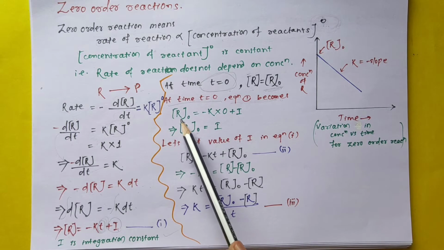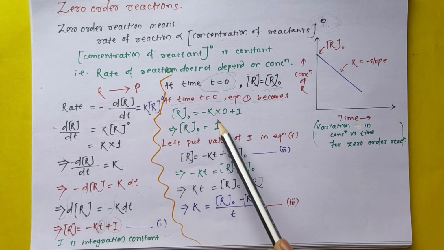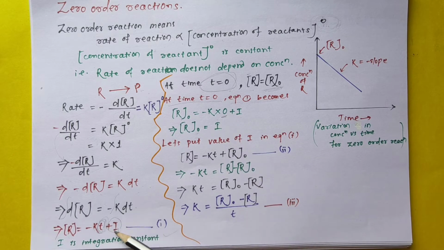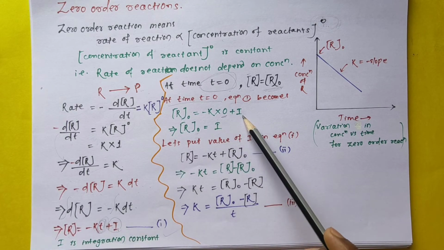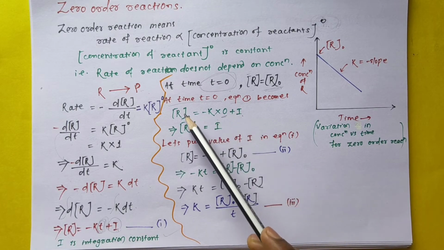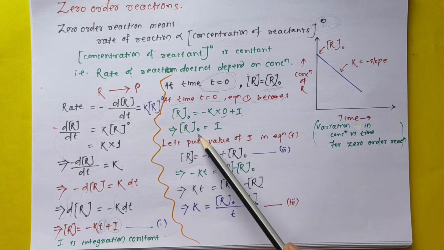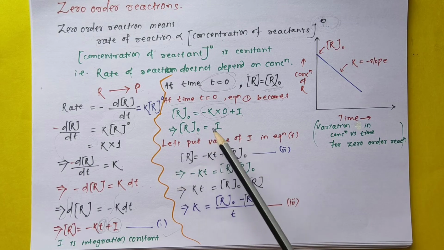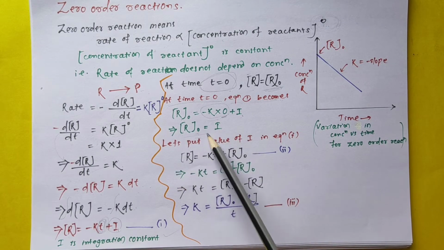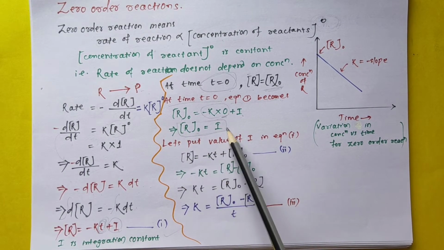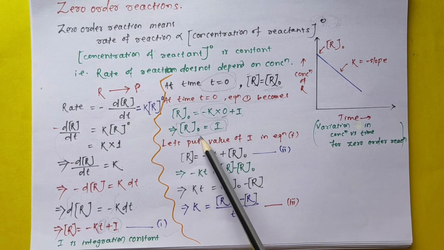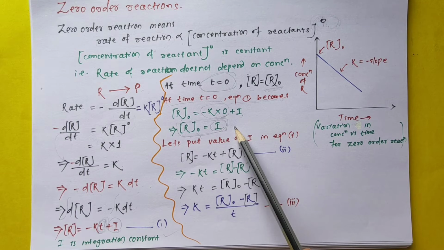So it is written here minus K, in place of t we have written 0. Here I is there. Okay. So concentration of R naught is equal to I, because this term becomes 0. So that means we found the value of I is equal to concentration of R naught. Let's put this value in equation 1.